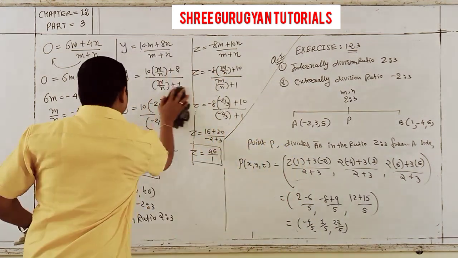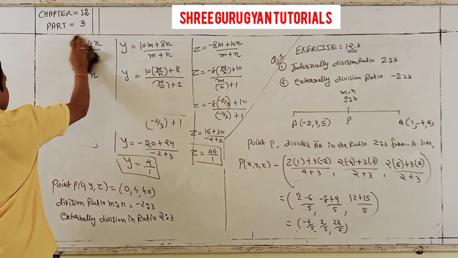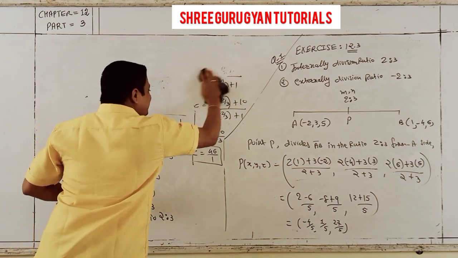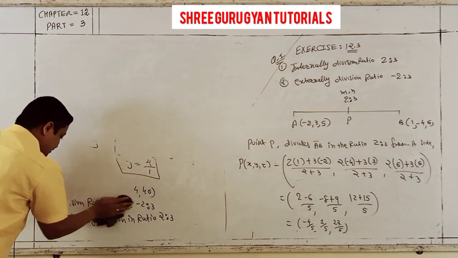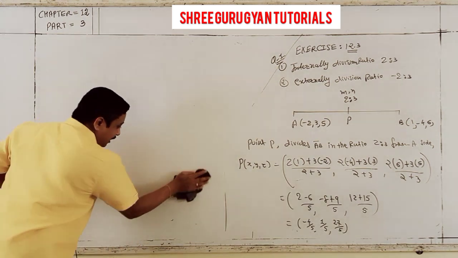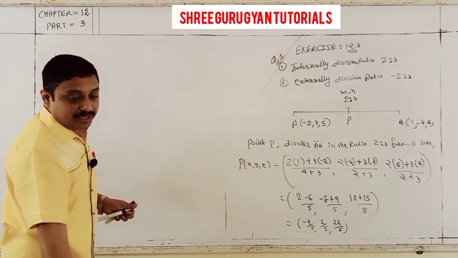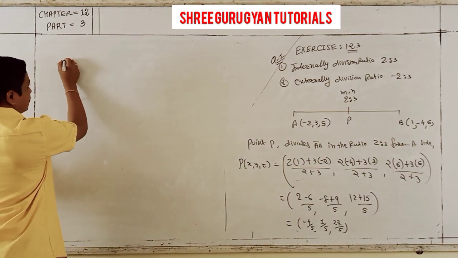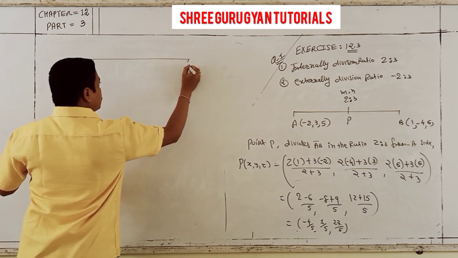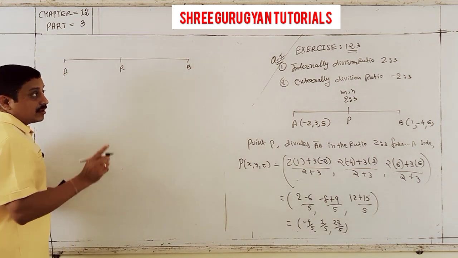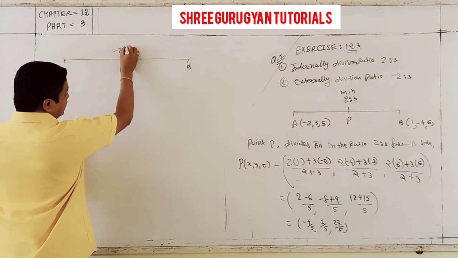Similarly, it is a very easy numerical, students, but since externally is given, I will take ratio minus 2 ratio 3. So in the second case, here your external division is A to B, and the point considered is minus 2 ratio 3 wise.